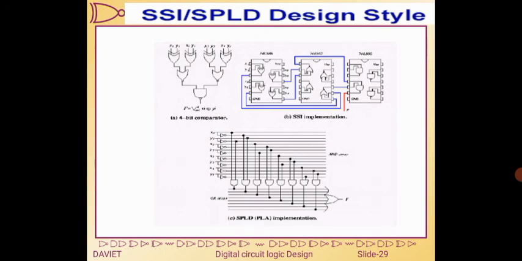After that we perform the OR array operation, and finally we get the output F, the functional output. That is the SPLD design, PLA, programmable logic array, whether SPLD or PLA device. First the AND array, next the OR operation, and finally we get the function output.